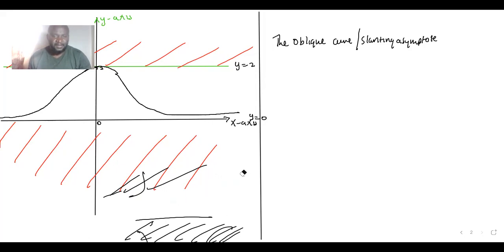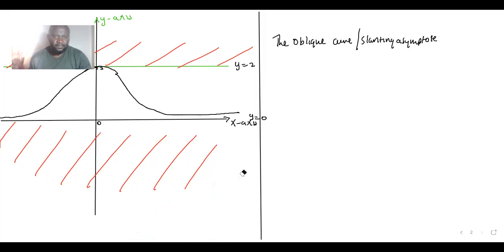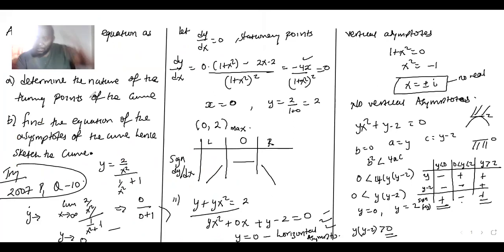Excuse me, teacher. Yes, please. On that very curve, how did you get the equation for the region where the curve does not pass? Which region? Which equation? The one with the inequality sign? Yes.